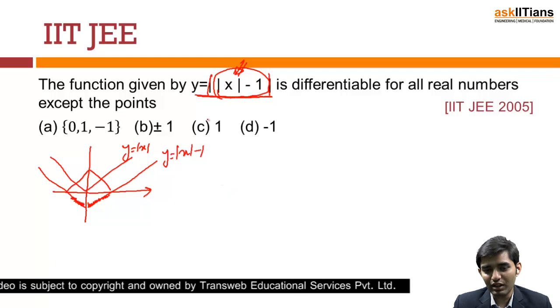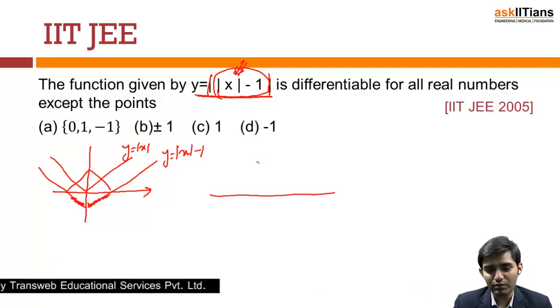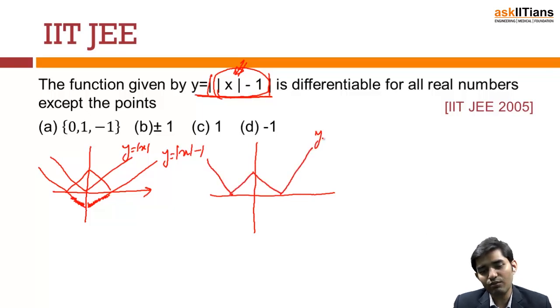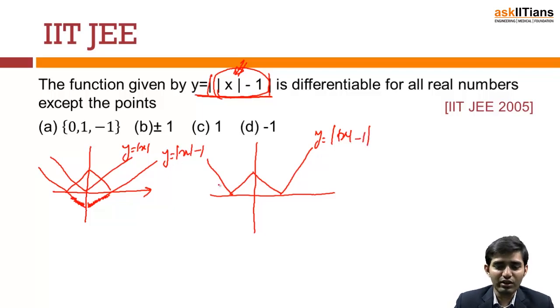So what will be the graph of this function? You just have to apply simple transformations of the graph. The graph of this function will be just like this. This will be the graph of y equal to mod of mod x minus 1. Now clearly from the graph we can see where this function is differentiable and where not.